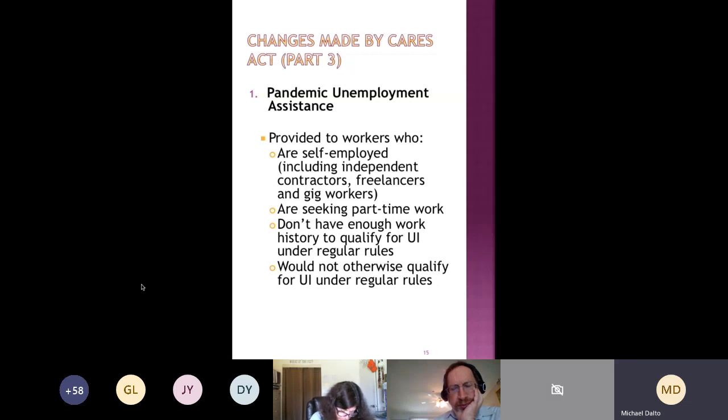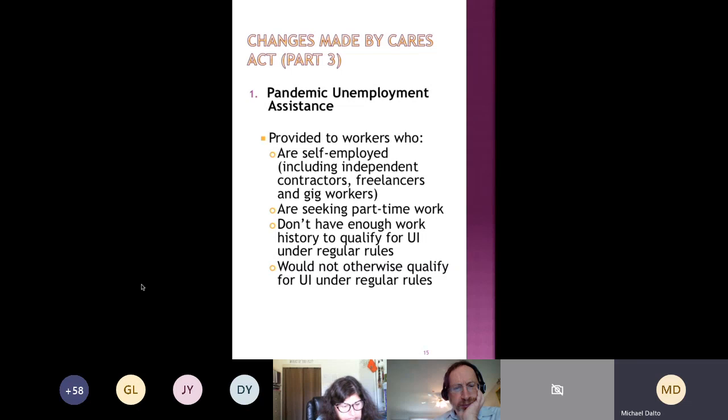But you only have to have been working part-time to be eligible for pandemic unemployment assistance. Workers who don't have enough work history to qualify for UI under the regular rules. So if somebody didn't work long enough or didn't earn enough during the base period, they wouldn't qualify for UI, but they could get pandemic unemployment assistance.